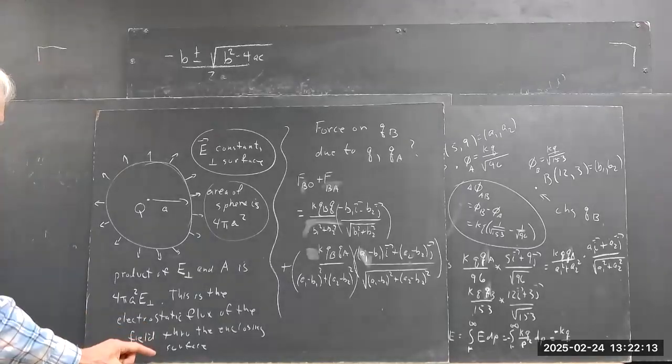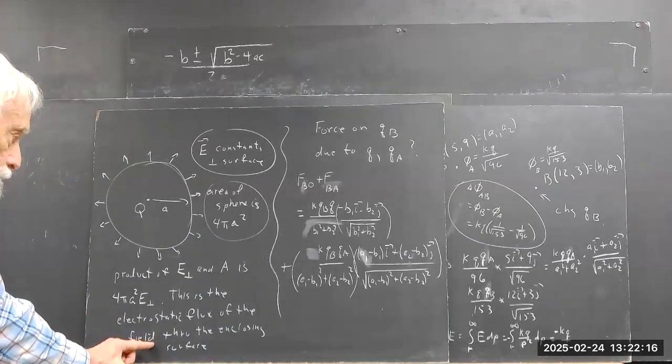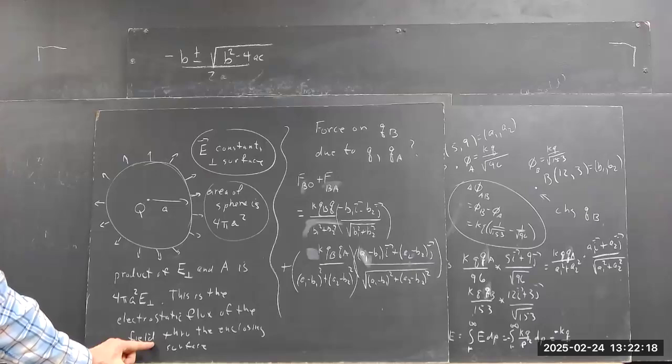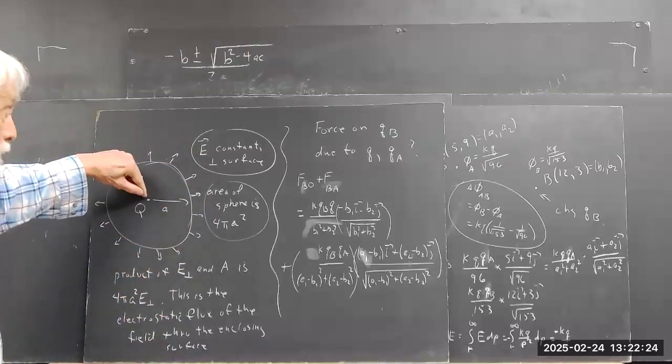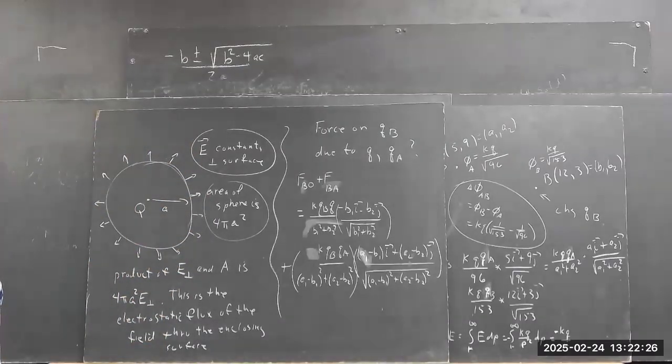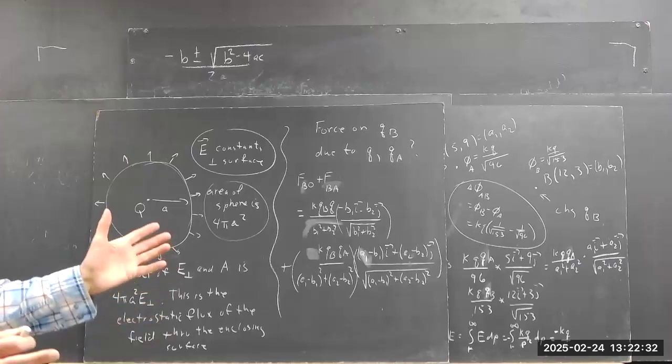That's the electrostatic flux of the field through the enclosing surface. That terminology is important. It's a surface that encloses charge Q. Make sense? It's a flux.